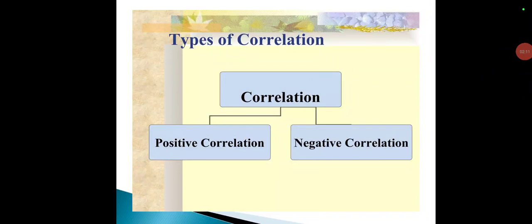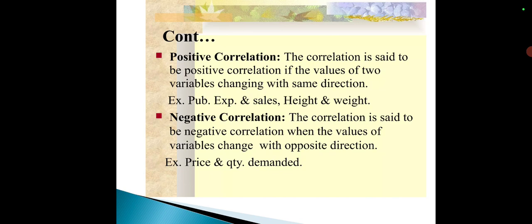Next, types of correlation. Correlation can be positive, negative, simple, multiple, partial, or no correlation. Here there are two types: positive correlation and negative correlation.